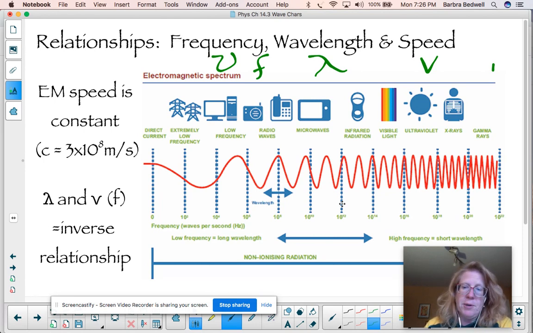With electromagnetic radiation, there's an additional thing that we can use, and it's kind of nice. The speed of electromagnetic radiation, it doesn't matter what type it is, any of the types on this diagram up here, all electromagnetic radiation goes at the same speed, which is 3 times 10 to the 8th meters per second. This is a universal constant. It's been known for a long time.